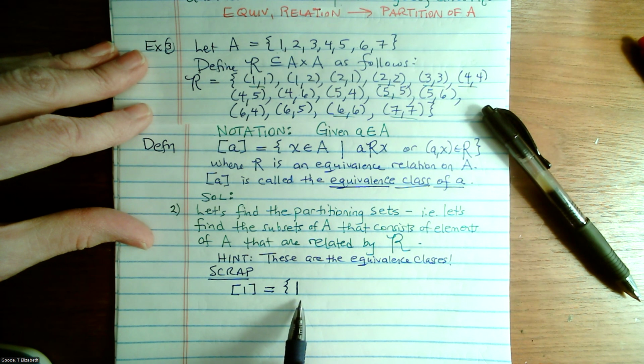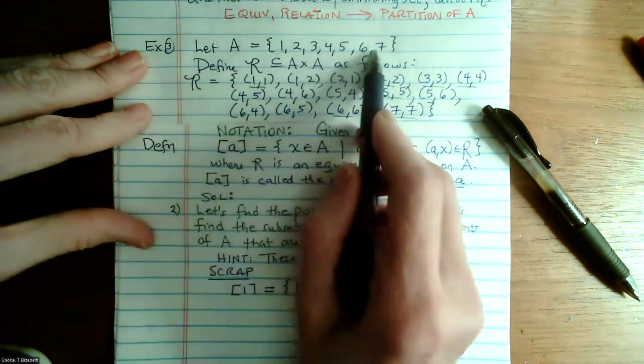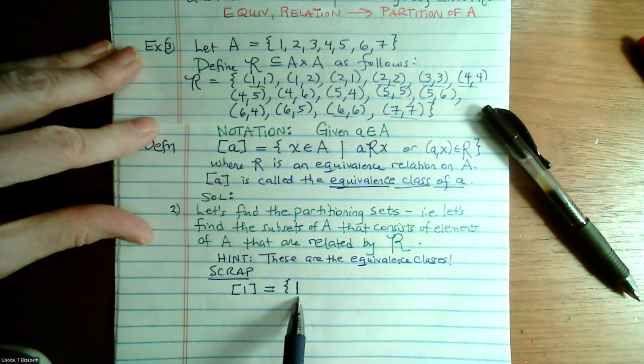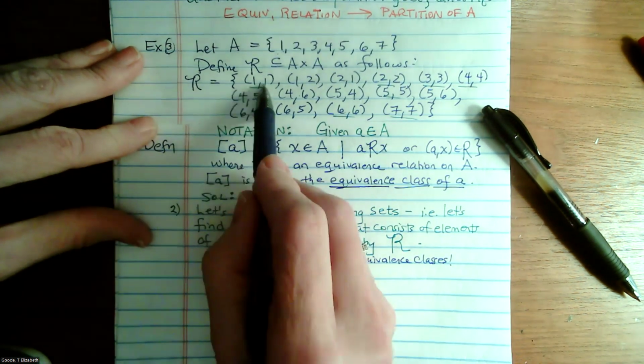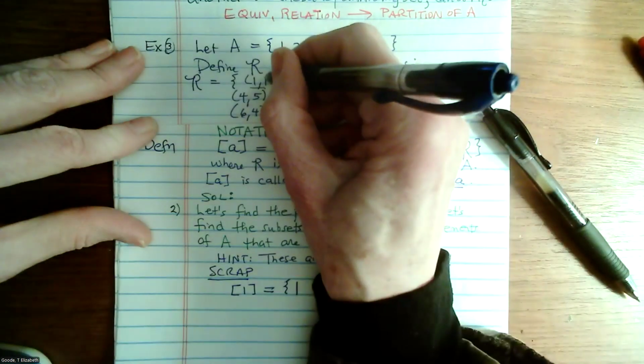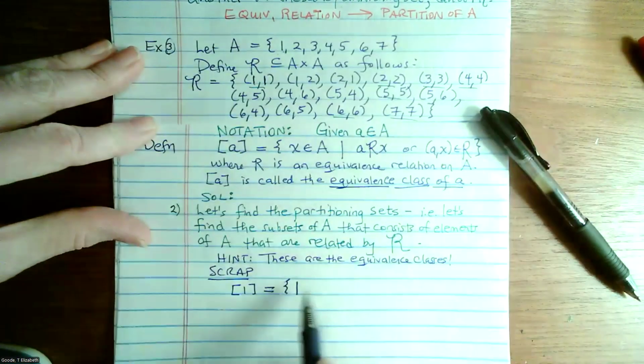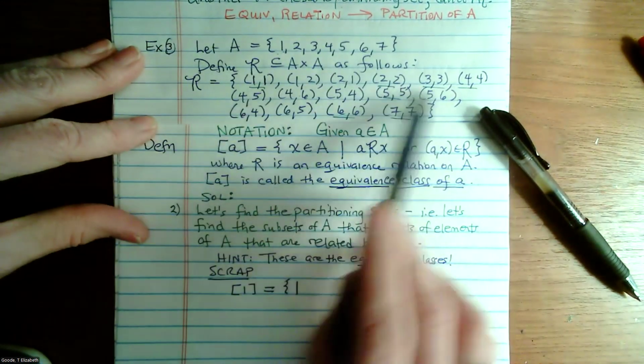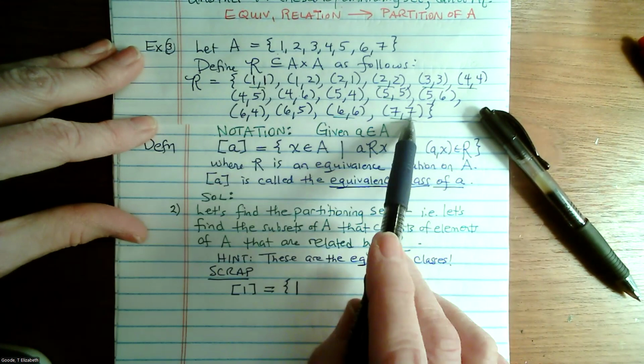Any questions before we look for other elements in A that are related to 1? First one is 1 itself, because 1 comma 1 is in this equivalence relation, isn't it? All right, what other elements of A are related to 1 as you scan through these elements of curly R?